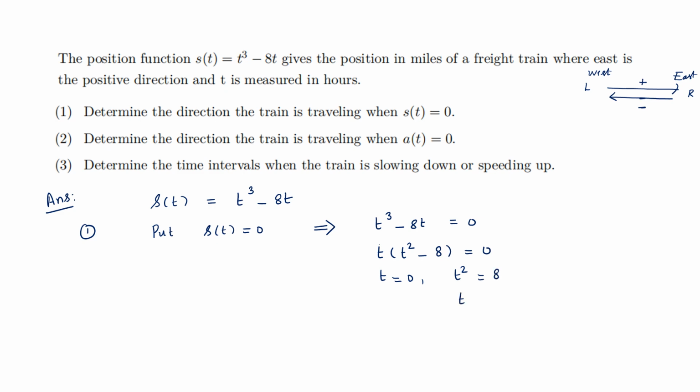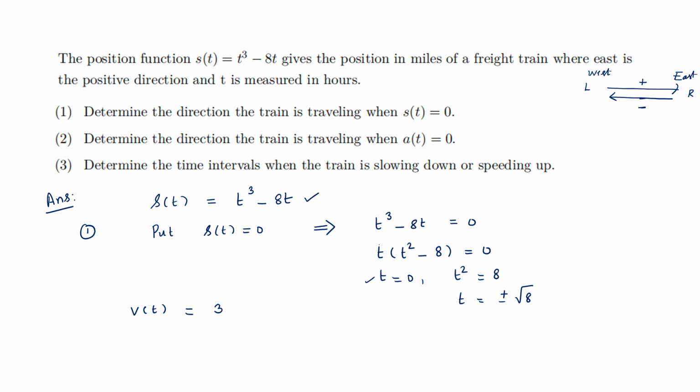So here t equal to plus or minus square root of 8. So I am taking t equal to 0 here. What is the direction we have to find out? For this, first we have to find out what is velocity v of t. v of t is derivative of s of t.